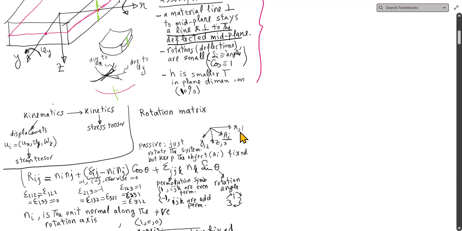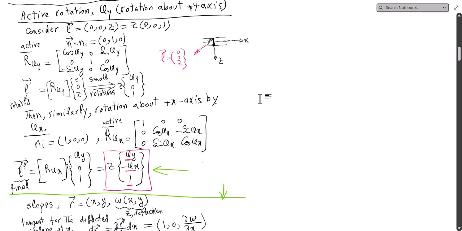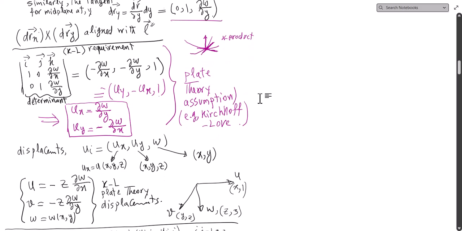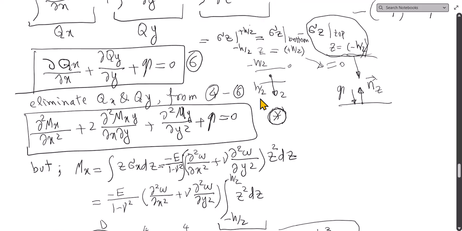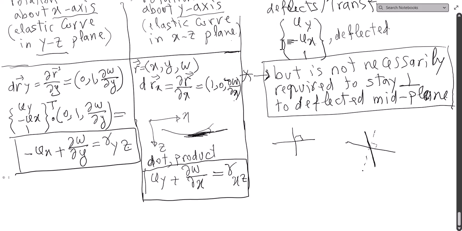How do we get this material line after two active rotations? So I will not repeat it here, but it is in the package. If you would like to know how I got this deflected material line, this vector. Well, maybe I should put a transpose here also to be vectorially correct in terms of notation, but that's fine. The answer is the same.